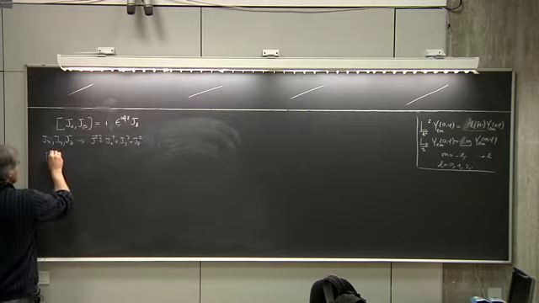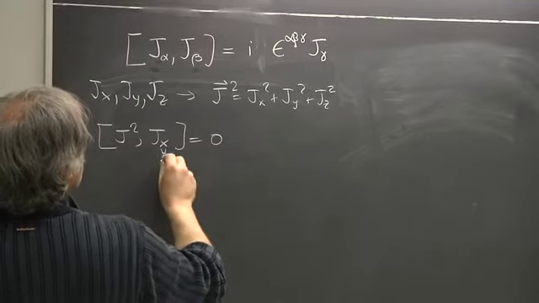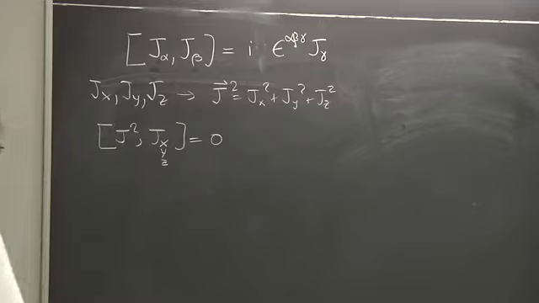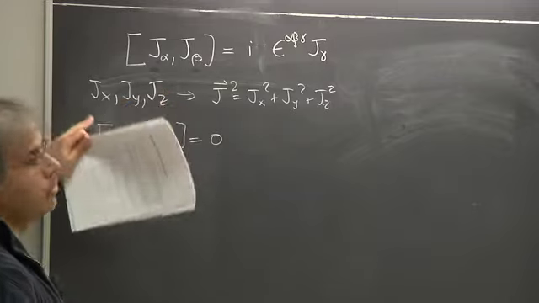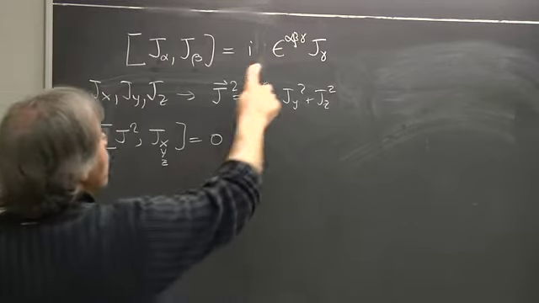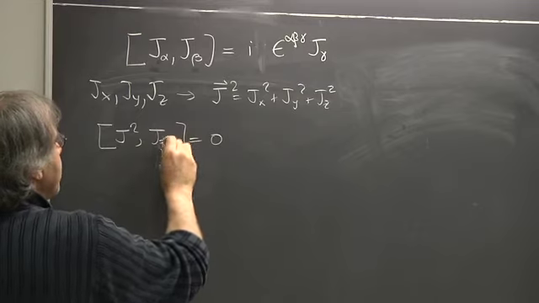I mean, there is no change, and you can prove that this is equal to 0, and this is also equal to 0, and this is also equal to 0. Okay? So, although the three operators do not commute among each other, there is a fourth operator, J square, that commutes, for instance, with Jz.